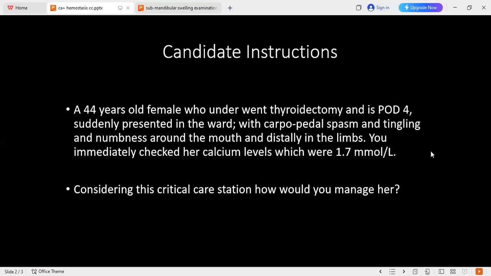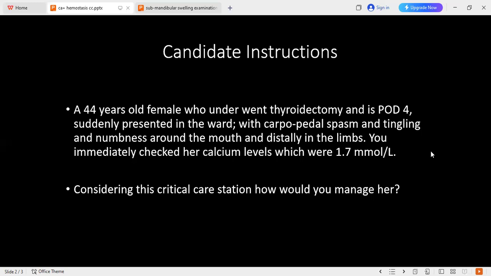Then I will assess the patient's symptoms. If they have gone, I will keep her on a maintenance dose. If still symptomatic, I will repeat the infusion of 10 ml of 10% calcium gluconate over 10 minutes, and then assess the symptoms.